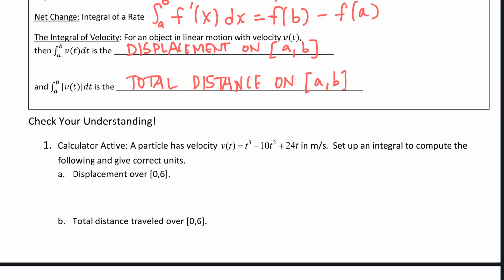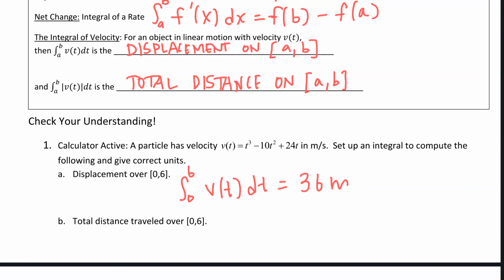Set up an integral to compute the following and give the correct units. So the displacement from 0 to 6 of that velocity function. You can use Math 9 since it's calculator active here. And then your calculator should give you 36. And then this is in meters.